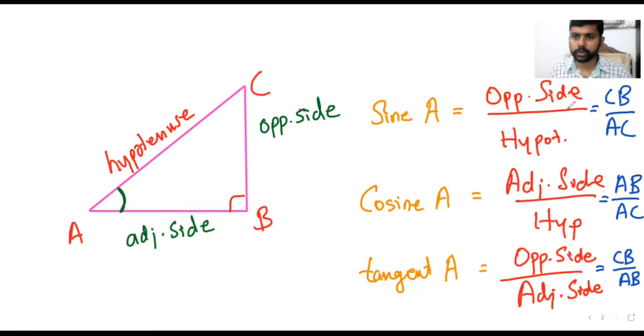From here we can observe that the tangent value can be defined as the sine value divided by the cosine value.